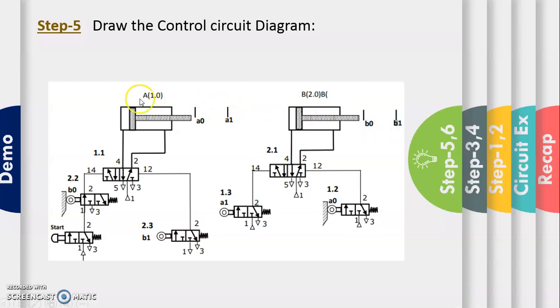Since it is a normal pneumatic circuit, mechanical sensors like the roller type or the limit switch type have to be selected. So you just see here, B0 and B1, A0 and A1 will be actuated here.